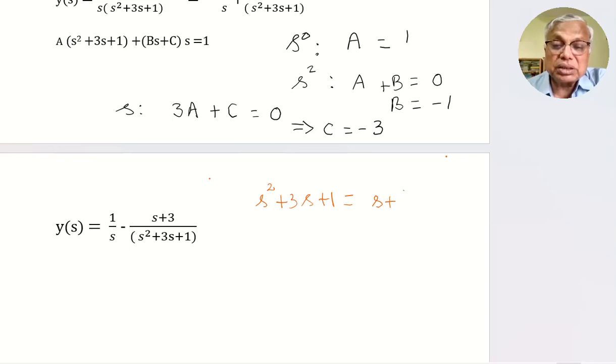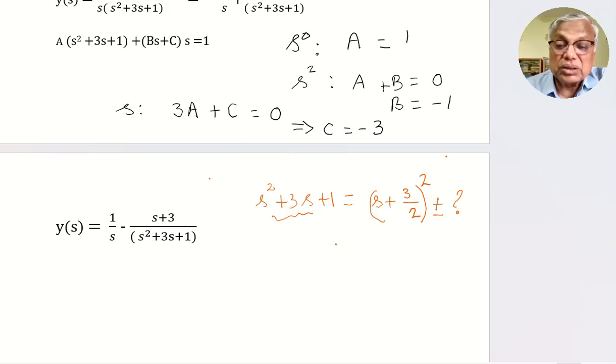Suppose I write this as s plus 3 by 2 whole square. So the first two terms of s plus 3 by 2 whole square will be s square plus 3s, right? Then what will be the next term? The constant. So it will be plus or maybe even minus some constant.